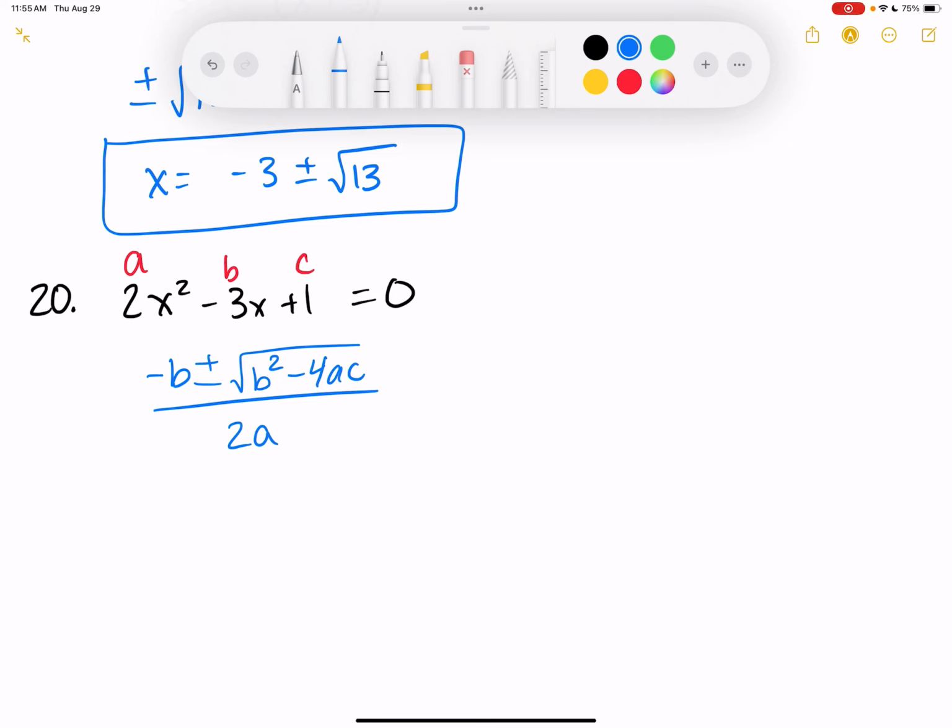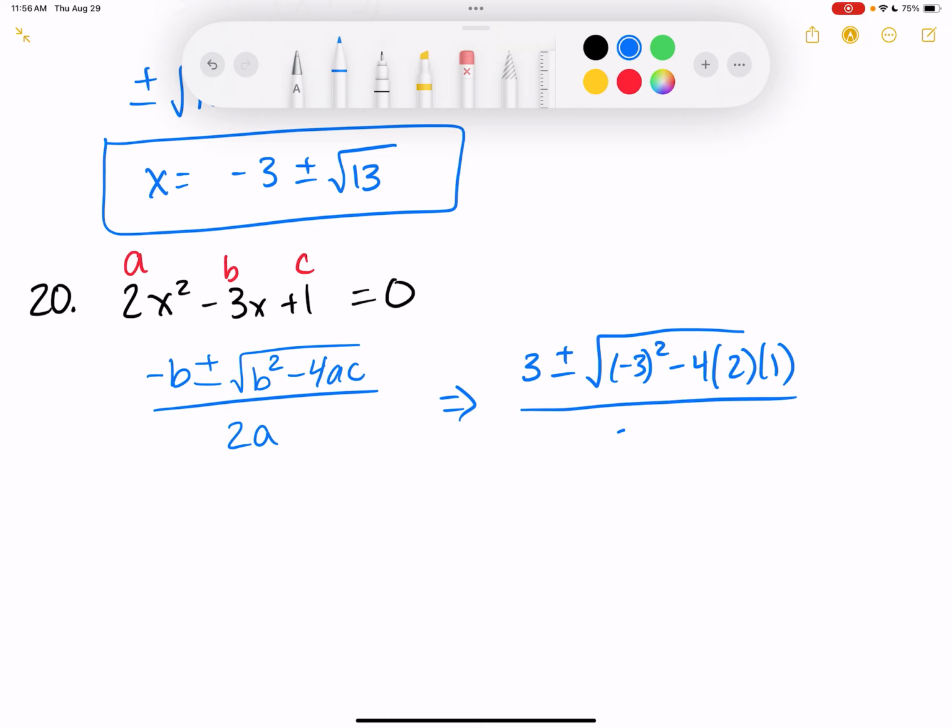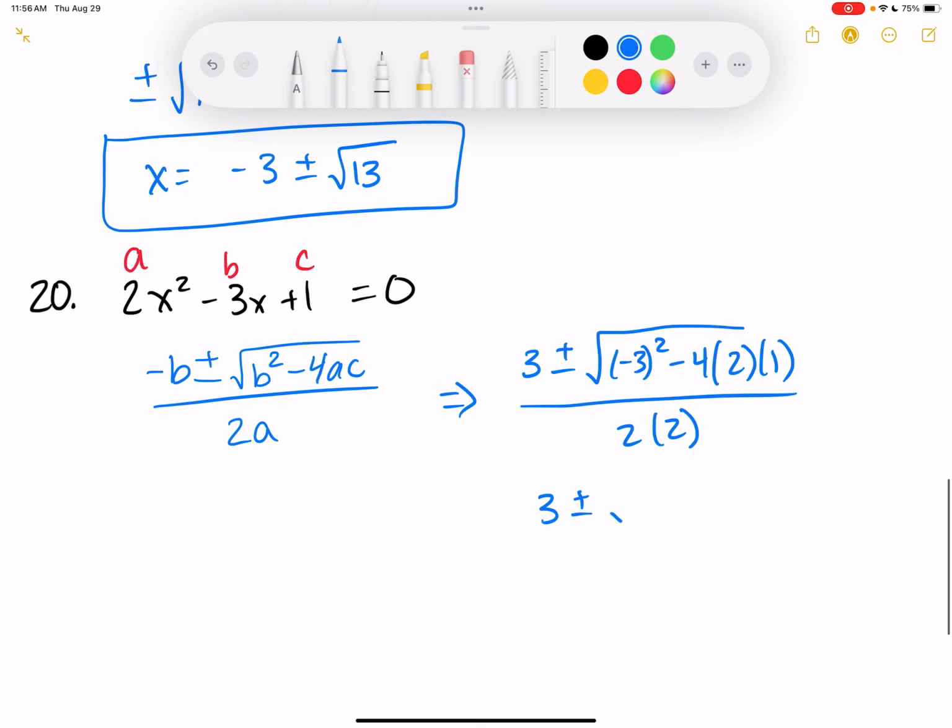So when I plug this into the equation, I'm going to get negative b, negative times negative 3, so that's going to be a positive 3, plus or minus the square root of negative 3 squared minus 4 times 2 times 1, all over 2 times 2. So I'm going to then get 3 plus or minus the square root of 9 minus 8 all over 4.